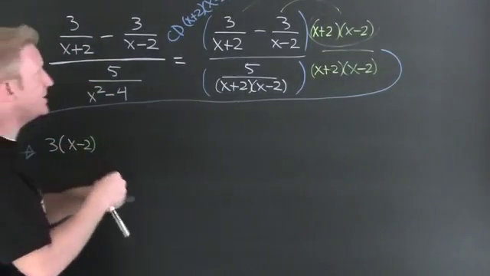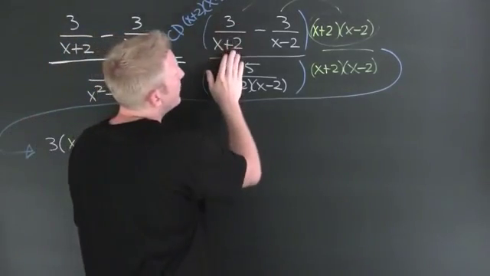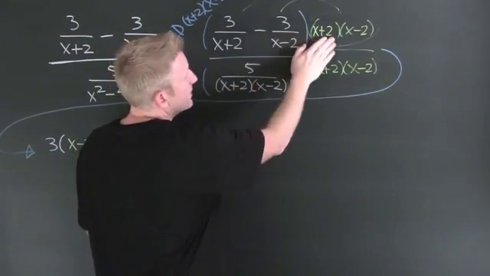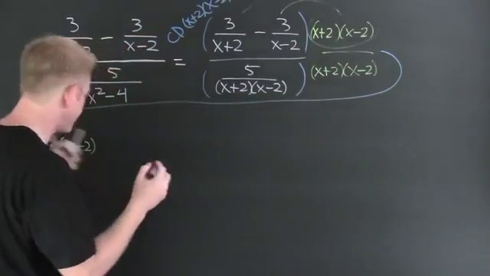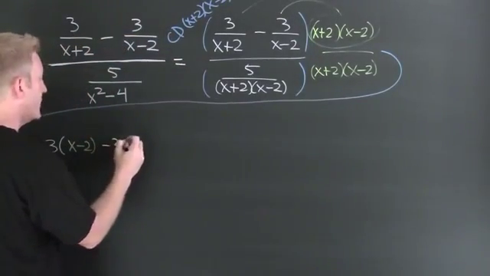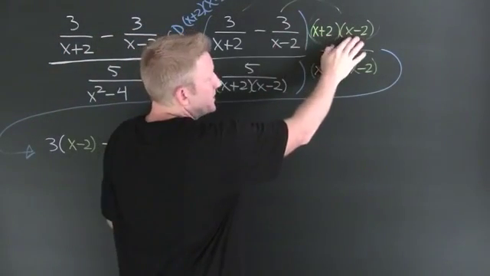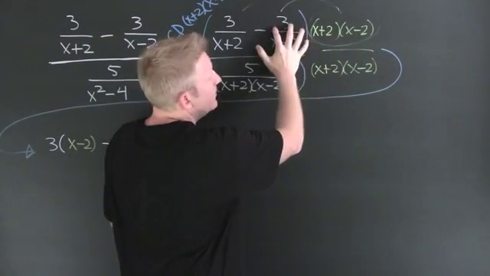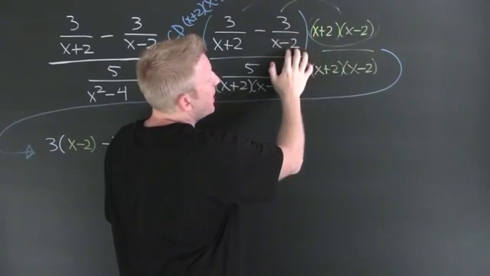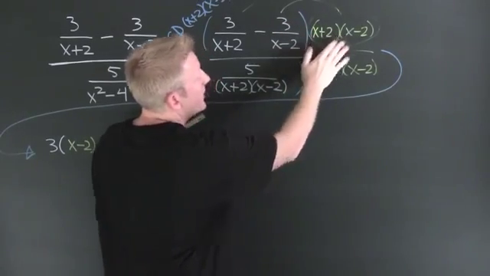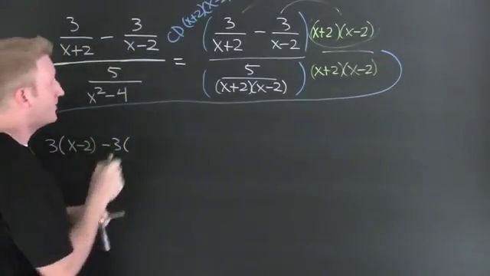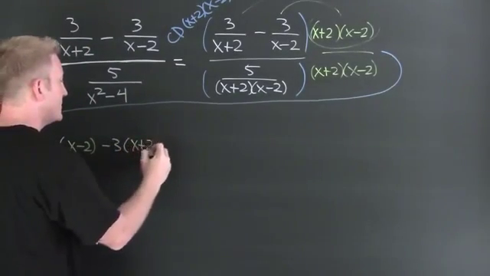In essence, I'm taking this numerator and multiplying it by whatever its denominator is missing that the common denominator has. And then I'm subtracting off 3 times, and when I distribute in there, that reduction happens once again. So I take that numerator and multiply it by whatever its denominator is missing that the common denominator has. So I multiply that by x plus 2.